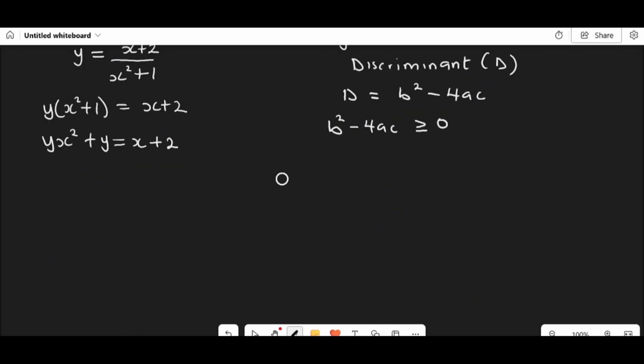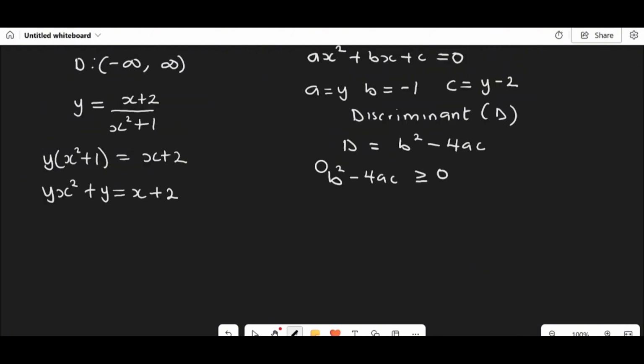Now let us substitute our values of a, b, and c into this equation. We have minus 1 squared minus 4 multiplied by y multiplied by (y minus 2) is greater than or equal to 0.